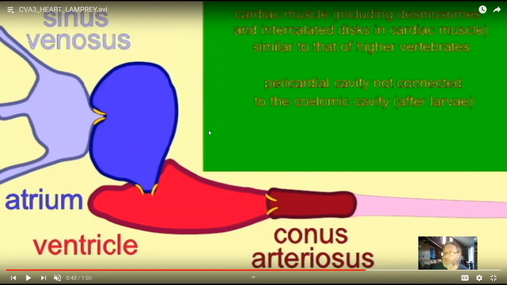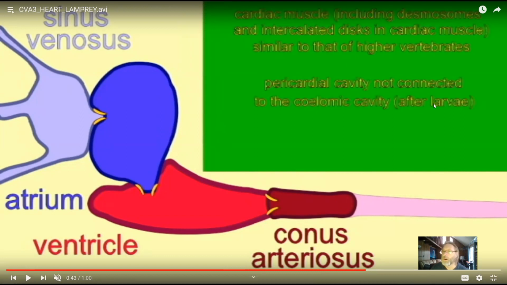So there's communication with the coelomic cavity and coelomic fluid. So in an invertebrate, the fluid around the heart can be coelomic fluid. In hagfish, there's still a little of that. While there is a pericardial cavity, the coelomic fluid communicates with it, and so there is a mixing.